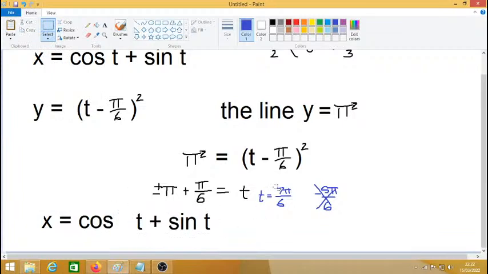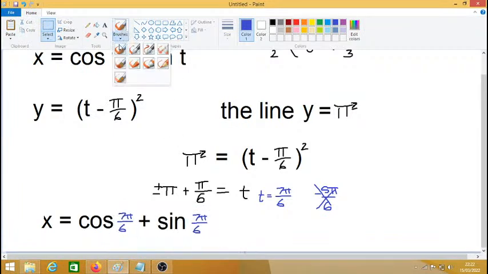Type in cos 7 pi over 6 plus sine 7 pi over 6, and that'll give you your x coordinate, which should work out to be minus, and then a fraction, (1 plus root 3) over 2.